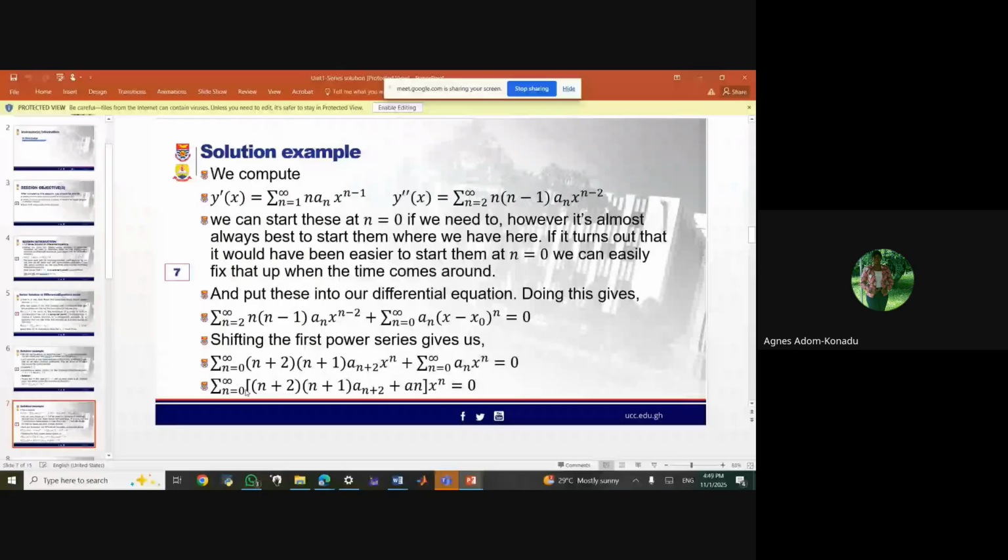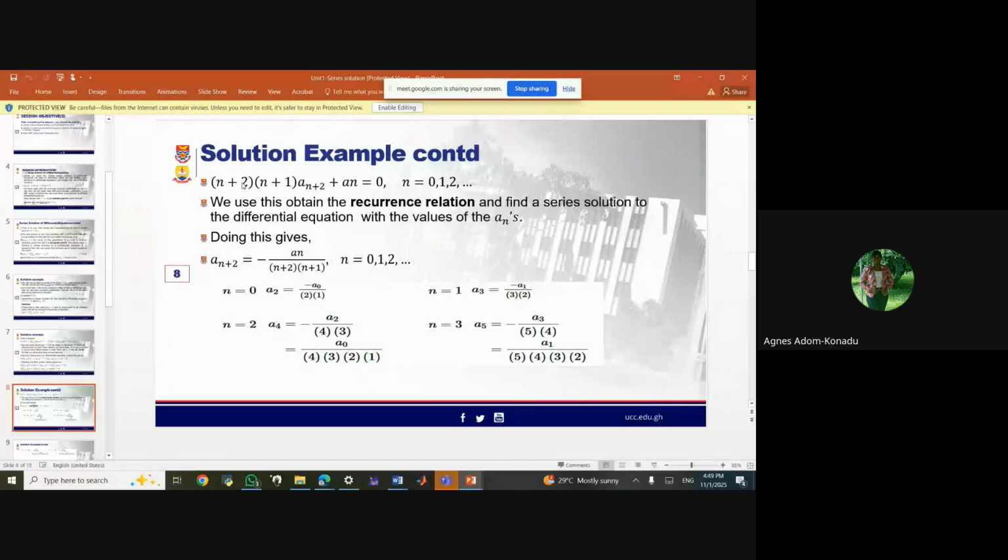And then from the zero product rule, this equal to 0 means that if this is not equal to 0, then this is equal to 0. So I'm going to get n plus 2, n plus 1, a sub n plus 2 plus a sub n equal to 0. So n equal to 0.